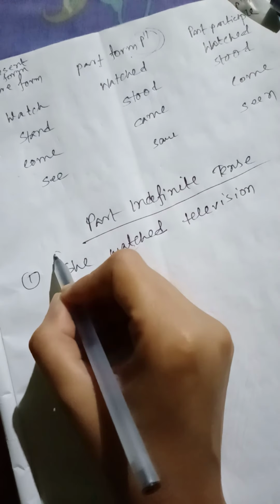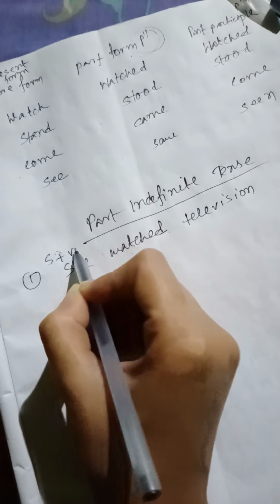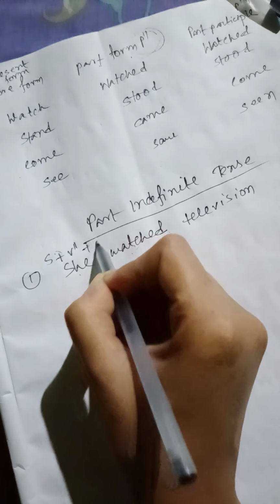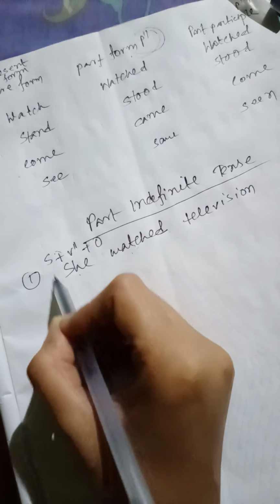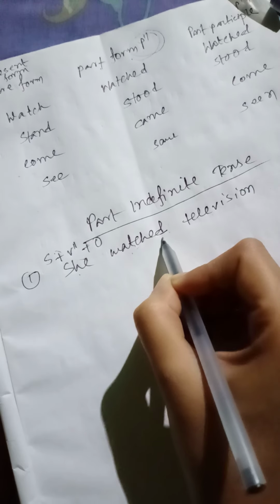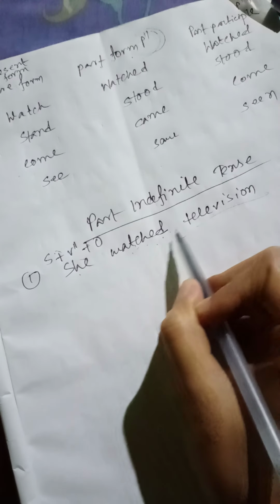Here the subject is she and then the verb is in the second form, that is watched, and then the object: she watched television.